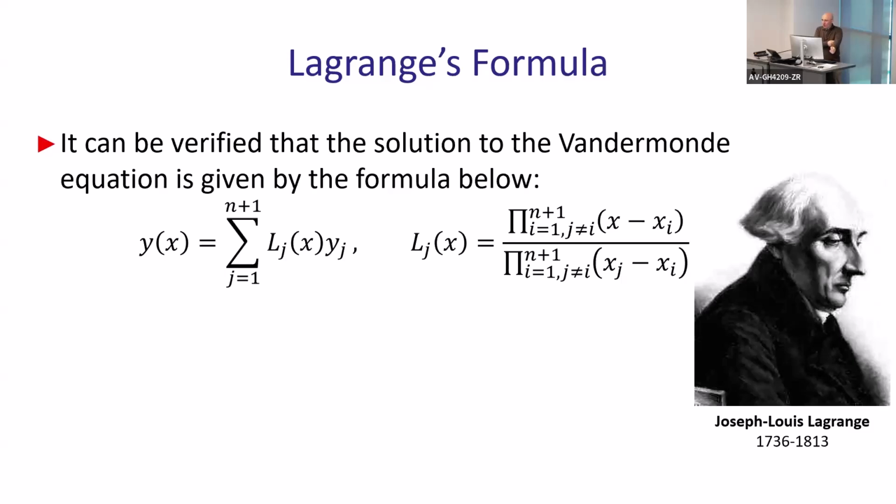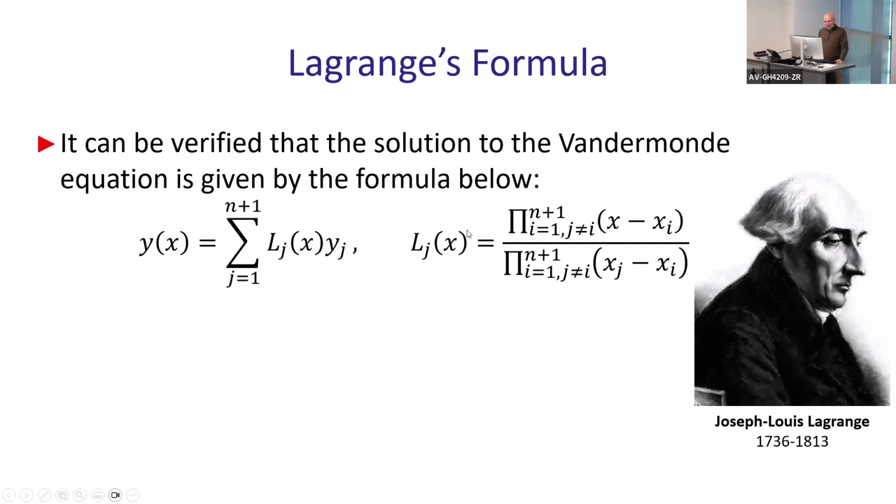So that L_j will be a polynomial times some constant, and you will have a sum of polynomials weighted with these constants, which is again a polynomial. If you're adding polynomials, you still get a polynomial, no matter what degree you use. Is that clear so far? So this thing will be a polynomial. This is what is important to get from the particular formula. So y of x will be represented by a polynomial.